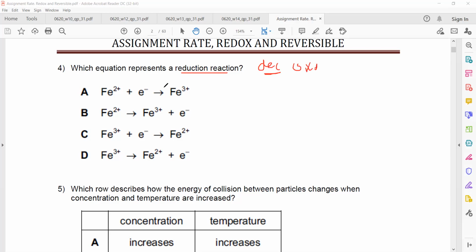So which one decreases in oxidation number? A cannot be an answer because in A it is plus 2 becoming plus 3. Here also plus 2 becomes plus 3, so A and B cannot be an answer. So either C or D can be the answer, because in C and D both there's a decrease in charge. But you can see which equation is correct. Iron 3 gains electron and changes into iron 2. That's why C is the right answer. For D, the equation is written wrong because the electron should be on the left hand side to gain.